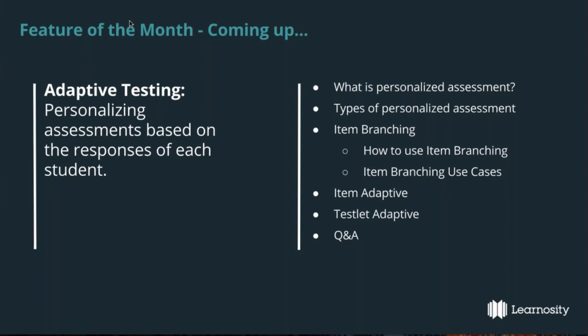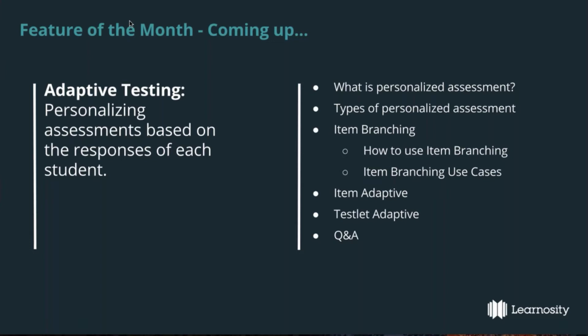The first is item branching, and this is the type of approach that all of our Learnosity customers can use. It's a very easy and very customizable, powerful way of delivering content dynamically within an assessment. And then we're going to take a look at item adaptive, which is a full-on adaptive approach using the RASH model.